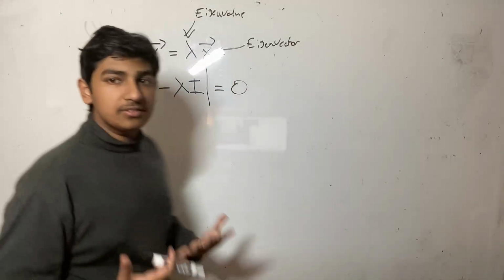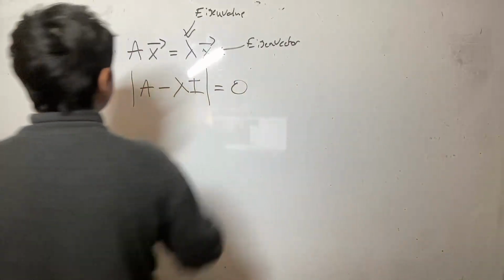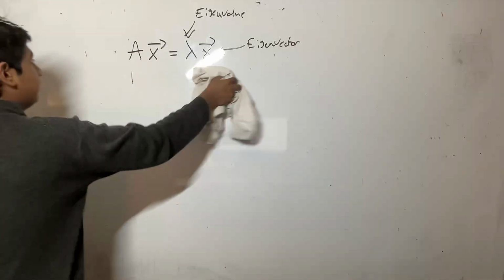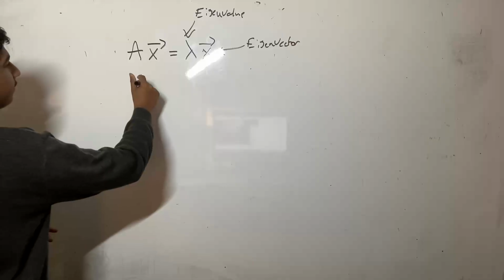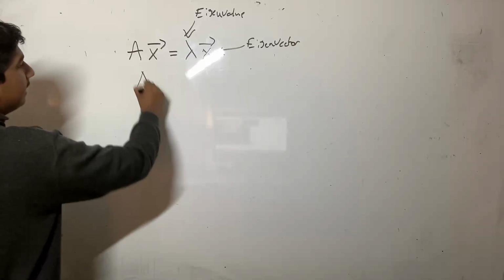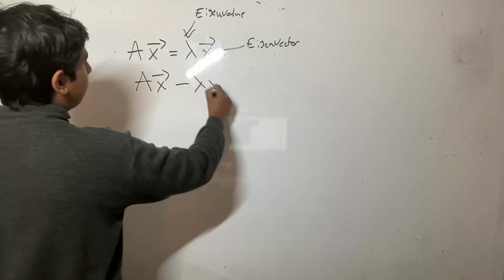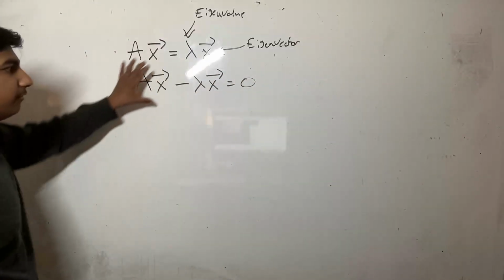And again, the reason why this should hopefully make sense here is, first of all, if we actually look at this matrix equation here, if we do Ax, we move this to the other side, Ax minus lambda x equals 0, and then we just factor out an x.